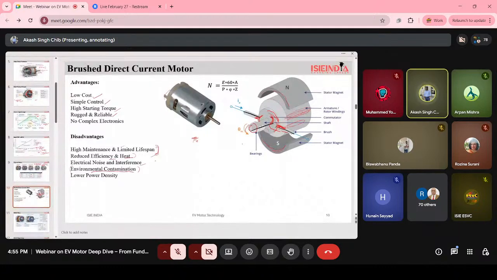That's why you can't see this type of motor in factories nowadays, because there may be gases. We are also using BLDC in fans nowadays. It also has a much lower power density compared to other motors. This is our brushed direct current motor.